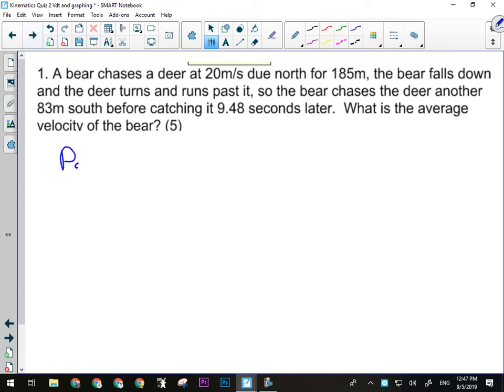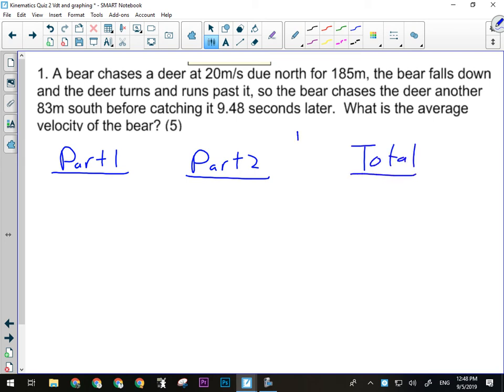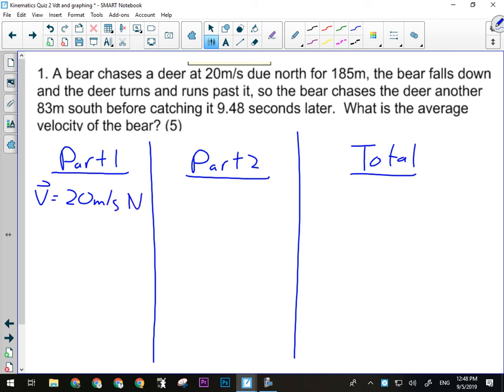So first thing we want to do is write down our givens. That is what the question told us about the trip. So what it told us was the velocity of the bear in part 1 was 20 meters per second north, and the displacement was 185 meters north.